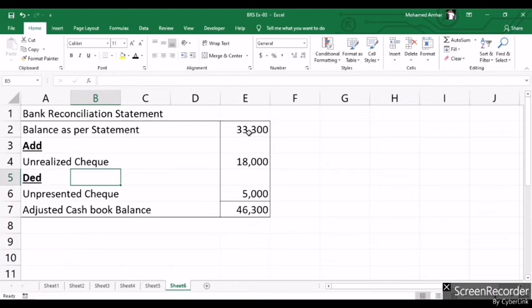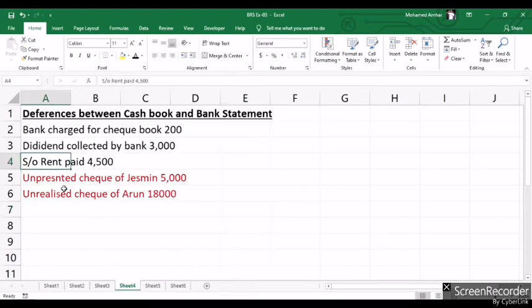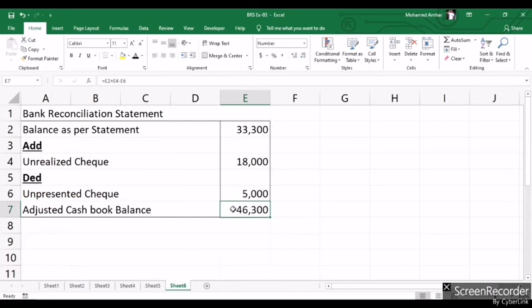As per the bank statement, this much balance is there, but as per the adjusted cash book, the balance is 46,300. In this adjusted cash book balance, the unpresented check of 5,000 is already credited in the cash book, so the balance is less.